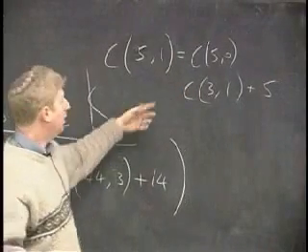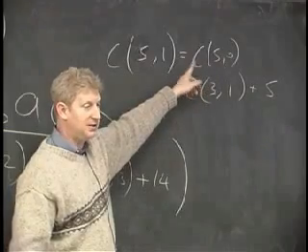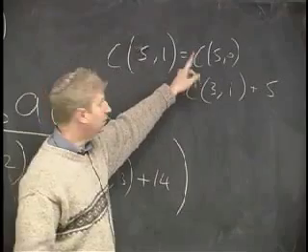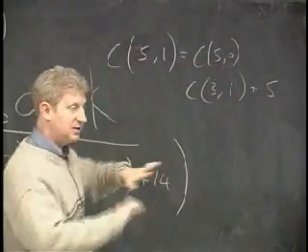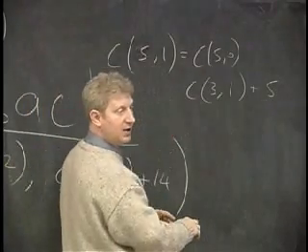Now I have to know that this one is worth nothing. If I'm not going to use the box at all, I get 0, so this one will never be chosen as the maximum. So C of 5, 0 should be a base case, and it stops me. So C of 5, 1 turns into C of 3, 1 plus 5.